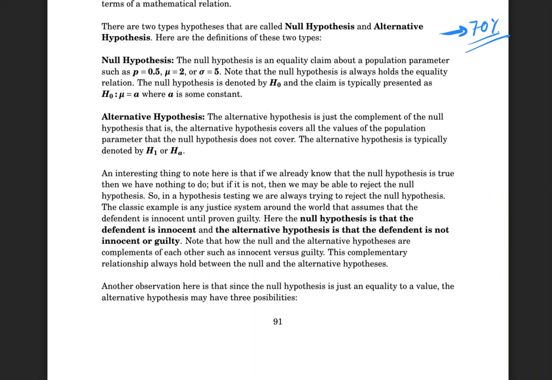Then the alternative would be that it is not equal to 70%, or another option would be that it's greater than 70%, or it is less than 70%. These are all different options, right? So you test against the null hypothesis, and the alternative is typically the complement of it.